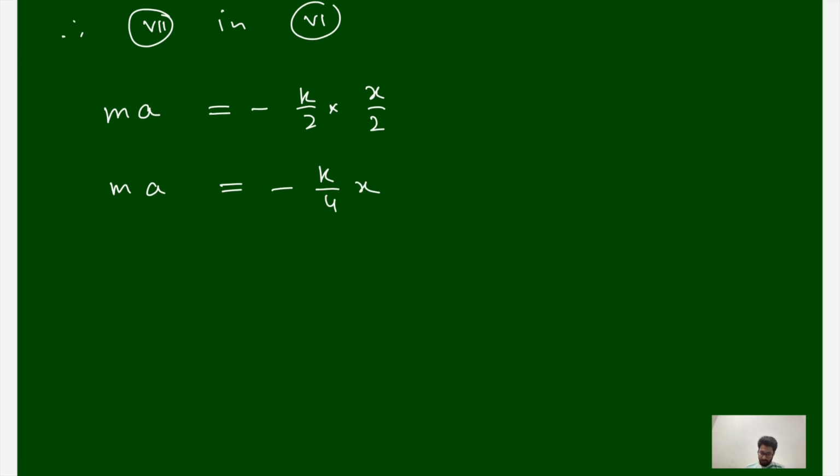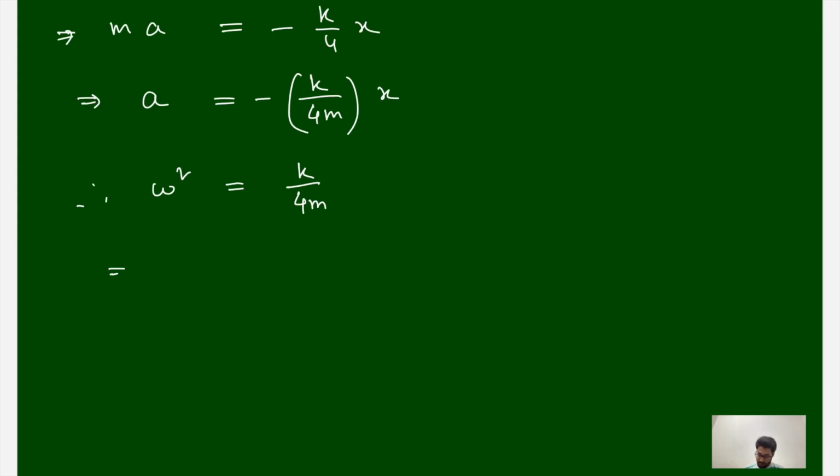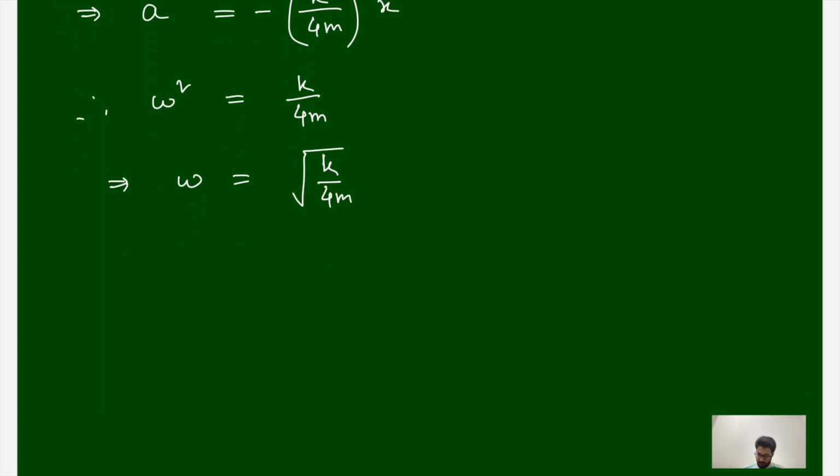Fine. That means acceleration is equal to minus k by 4m into x, and this is nothing but omega square. So omega square is equal to k by 4m. So omega is equal to square root k by 4m, and omega is equal to 2 pi by T, that is equal to square root k by 4m.